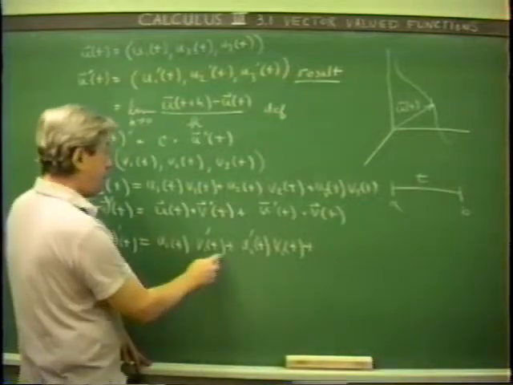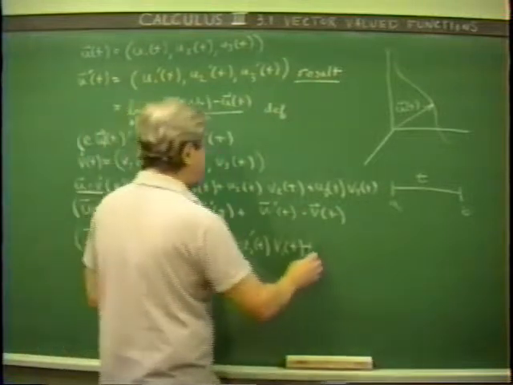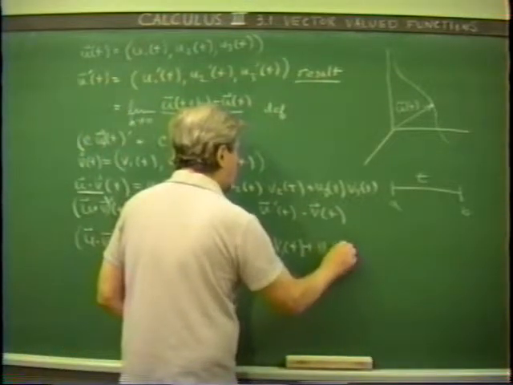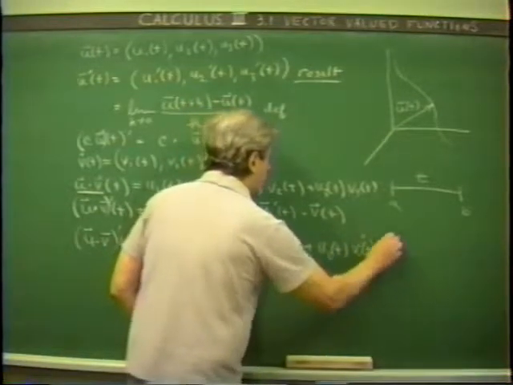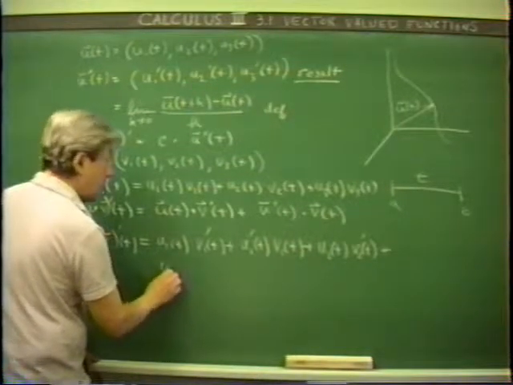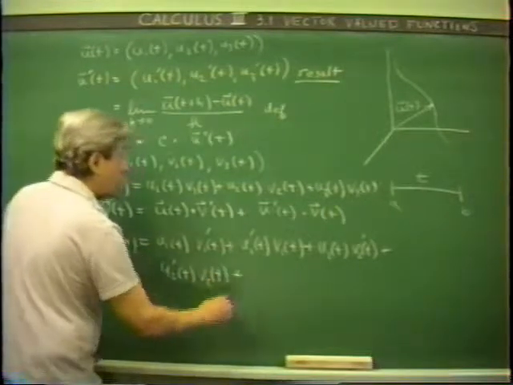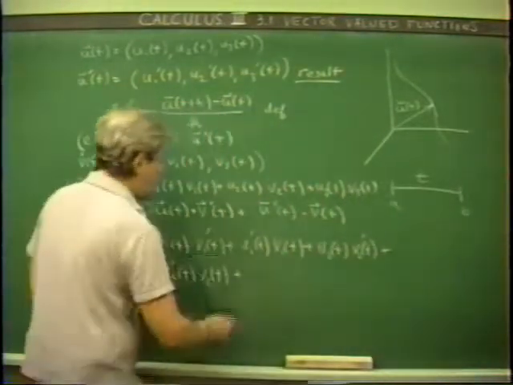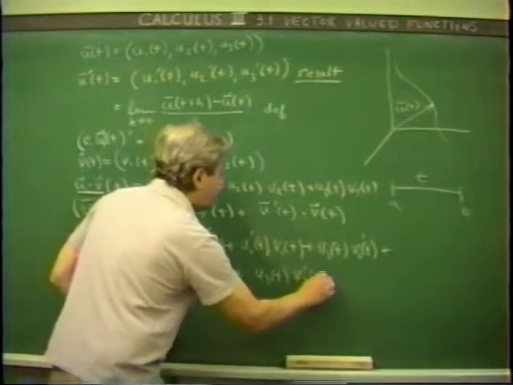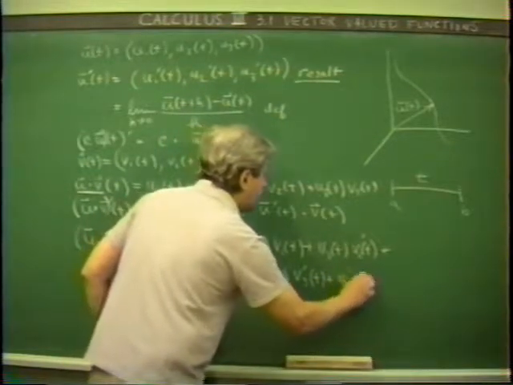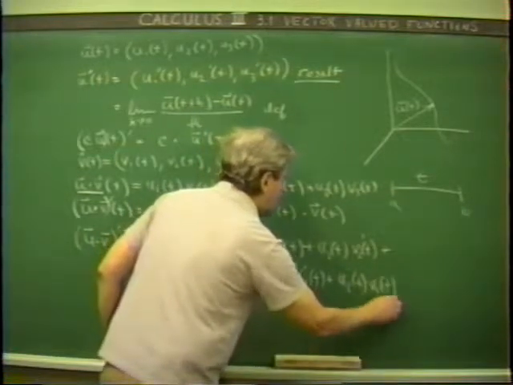Right? So it's going to be this plus now the derivative of u2 times v2, which is going to be the first times the derivative of the second plus the second times the derivative of the first, u2 prime of t v2 of t, plus the derivative of u3 v3, which is u3 of t v3 prime of t plus u3 prime of t times v3 of t.